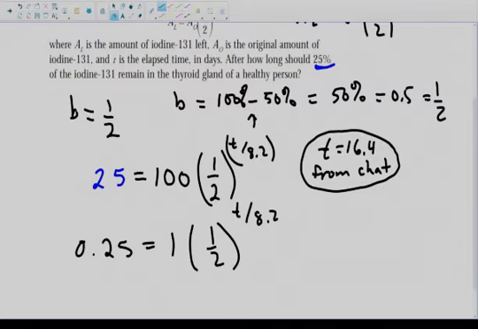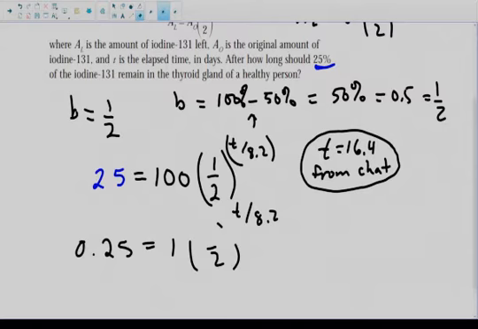I can multiply both of those sides by 100, because proportionally that gives the exact same answer. As long as you do the same thing on both sides, you're good to go. So technically, I probably should have done this, because you're not supposed to use percentages. But I knew that because both sides proportionally are the same as this, I just left it like that to make it look a little bit more like the 25% that was there. But it doesn't really matter in this case, because it's proportional.